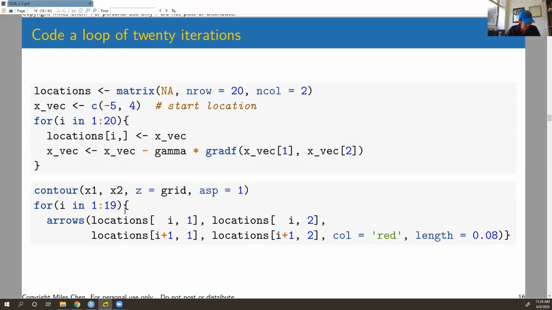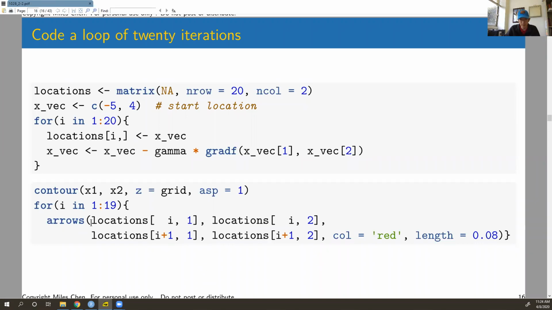Finally, I'm going to plot this, and I use the arrows function. The arrows function takes the x1, x2 coordinates of your start and the x1, x2 coordinates of your end.